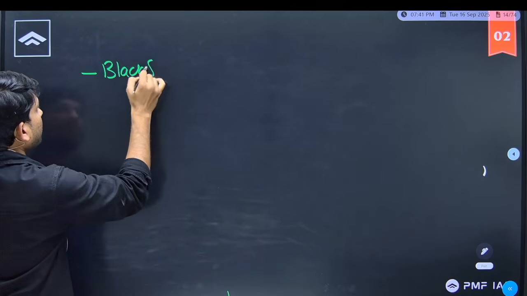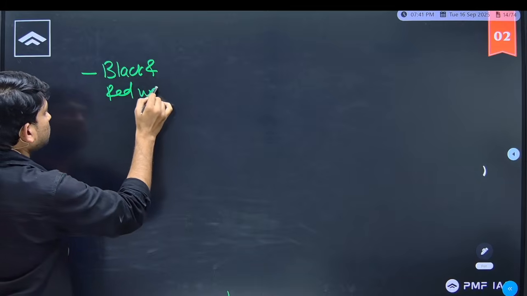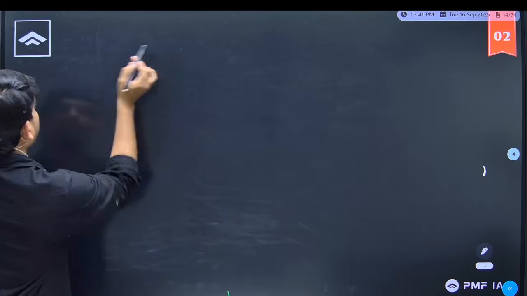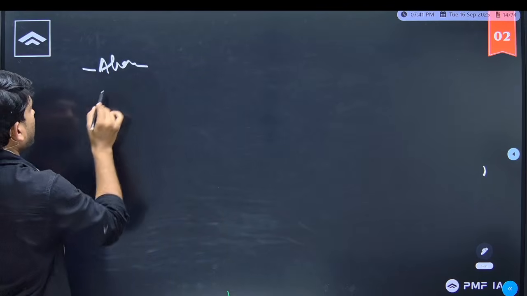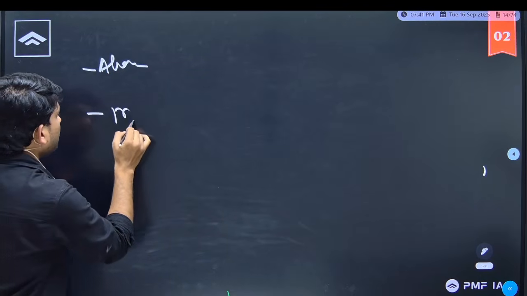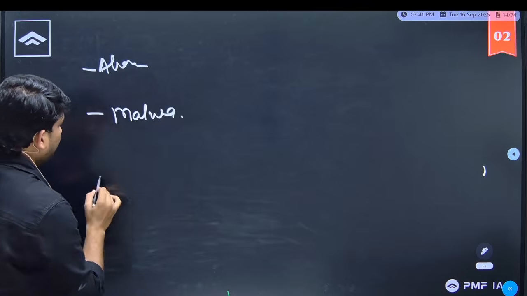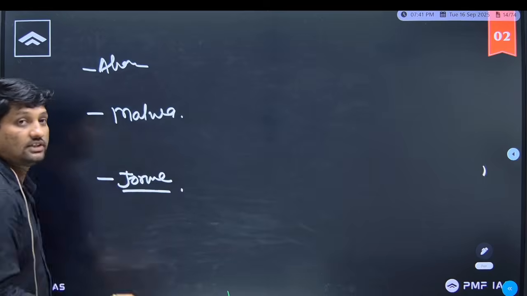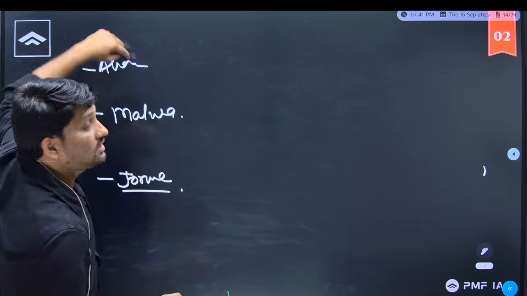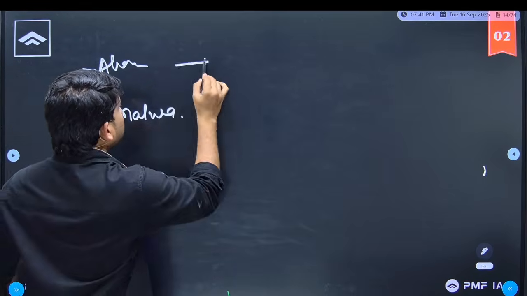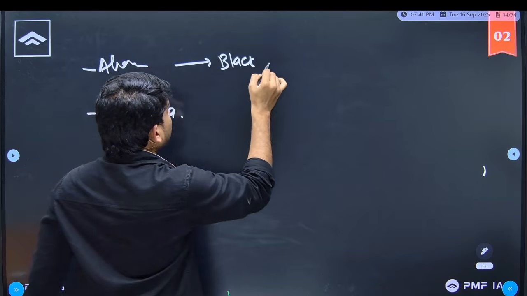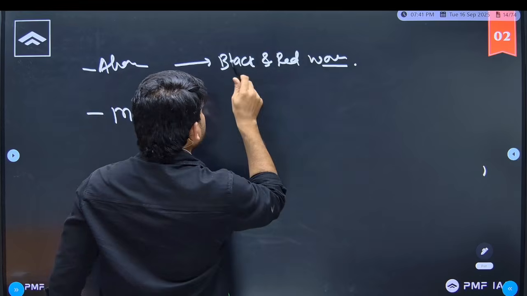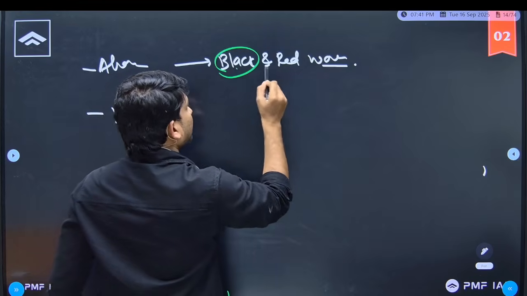If you consider three important cultures, first is Ahar culture from Rajasthan, next is Malwa culture from Madhya Pradesh, and next is Jorwe culture from Maharashtra. If you consider this Ahar culture, we have this black and red ware, which means the pottery consists of two colors, black and red.